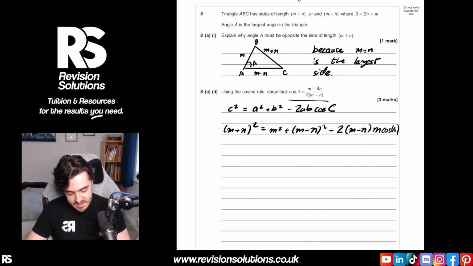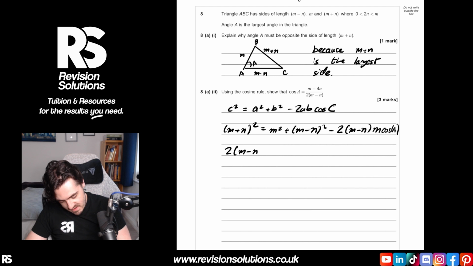So our expression here is for cos A, so we want to rearrange for cos A. Let's start by just moving this to the left and this to the right. So that would leave us with 2 lots of m minus n times m cos A would equal m squared plus m minus n squared minus m plus n squared.